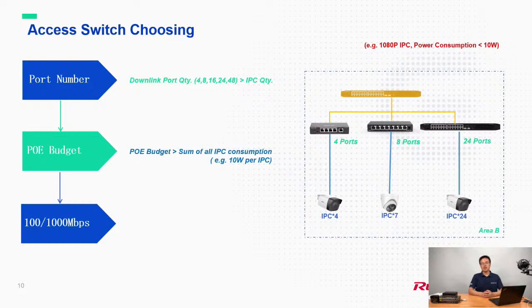The second condition is the PoE budget. The PoE budget should support all IPC consumption at least. In this example, the camera is 10 watts per IP camera.